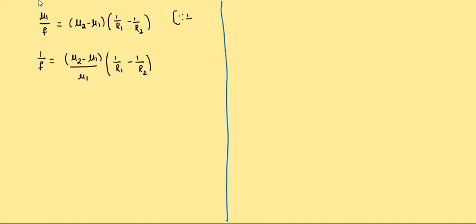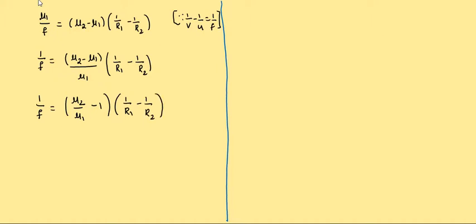Since 1 by v minus 1 by u is equal to 1 by f, let us simplify this. 1 by f is equal to, we write as nu 2 by nu 1 minus 1 into 1 by r1 minus 1 by r2.